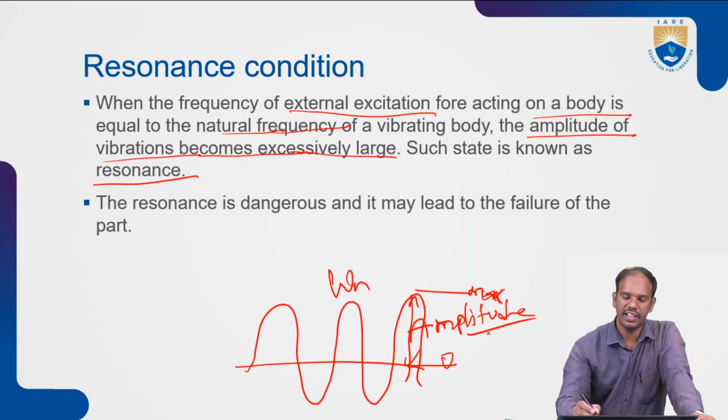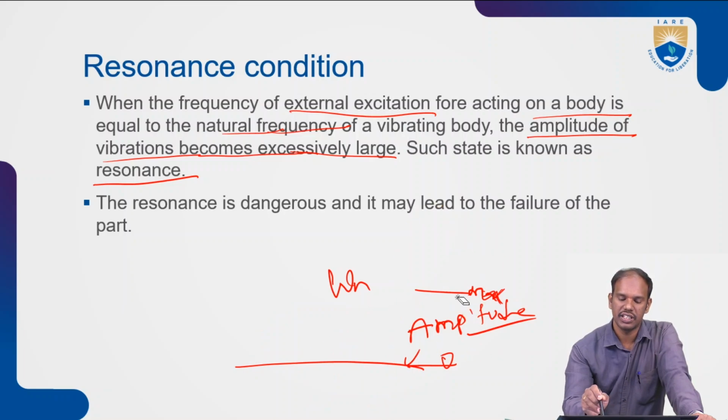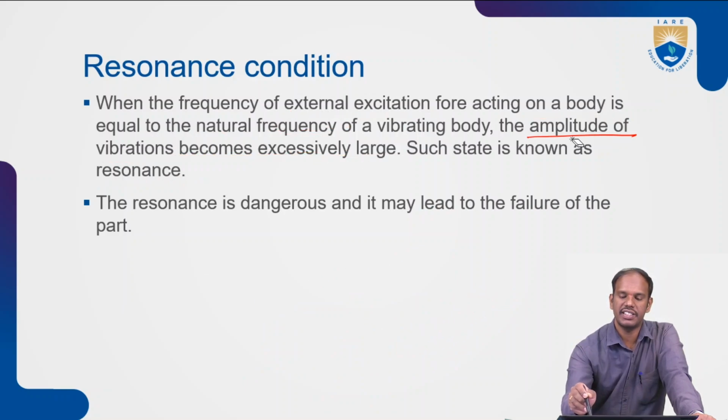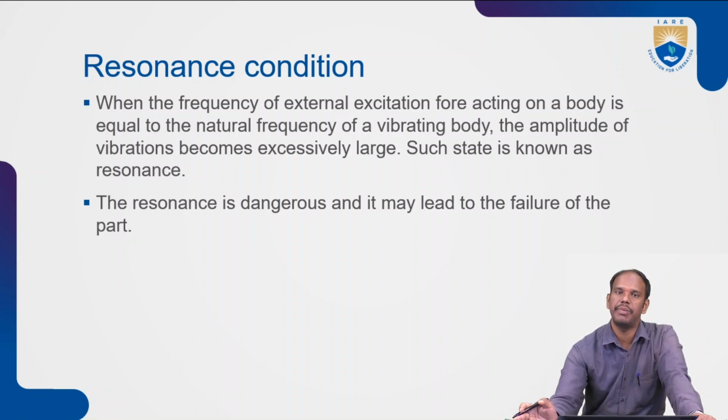If energy is suddenly added to the system, it moves to higher peaks. That is called resonance. If you give some energy at the natural frequency, it gives the maximum amplitude.